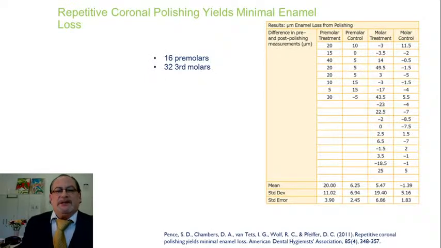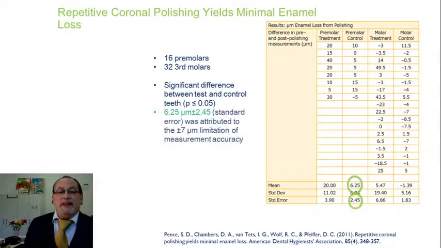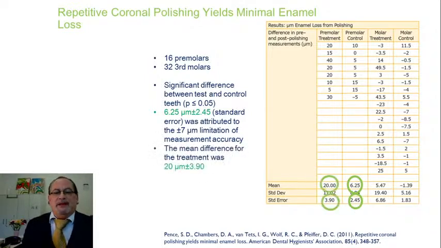For the procedures, 16 extracted premolars and 32 third molars were used. And there was a significant difference between test and control, test meaning that no polishing was performed, and the standard error was to be attributed to the plus minus micrometer limitation of the measurement accuracy. The mean difference that we were talking about up here was 20 micrometers plus minus 3.9.